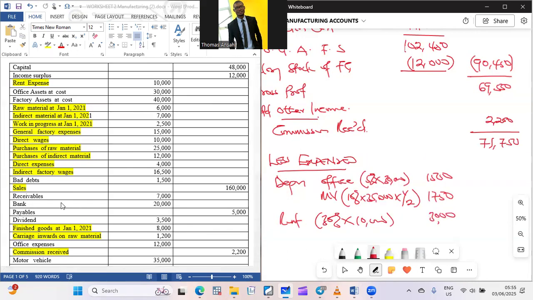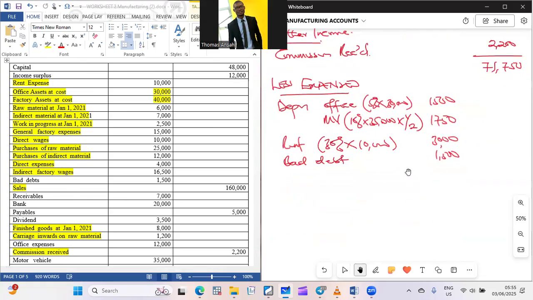All right. Then you have bad debt. So you now come back and look through it. So it means as far as the P&L is concerned, you have used these things already. So now you have bad debt also to deal with. Bad debt is 1,500. Remember, the things in the trial balance are treated once, but footnotes are treated what? Twice. Remember that. Right?